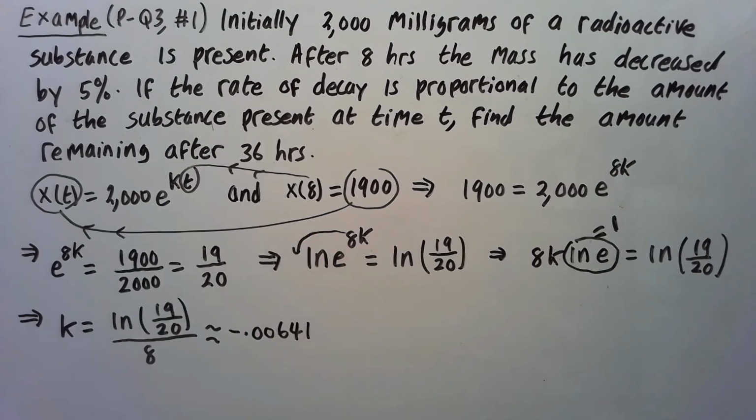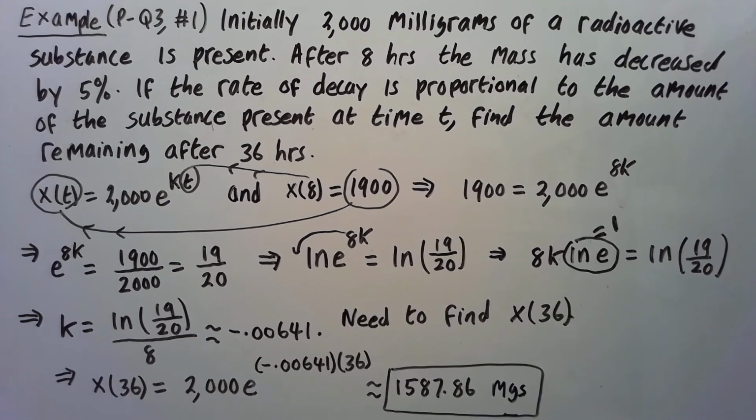Okay, so now we need to find x of 36, because we're looking for how much substance remains after 36 hours. We're going to be using the equation we developed up here: the 2000, the coefficient in front of the e, and then e to the k, which we found is negative 0.00641, times t.